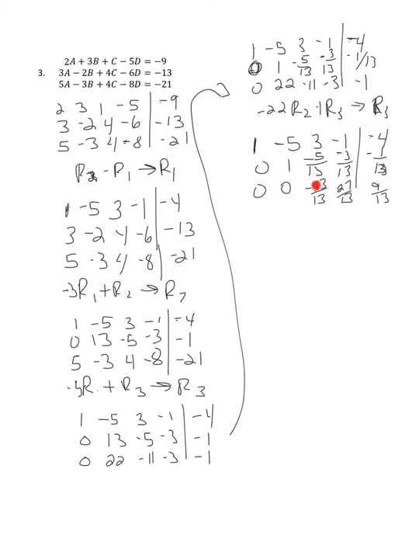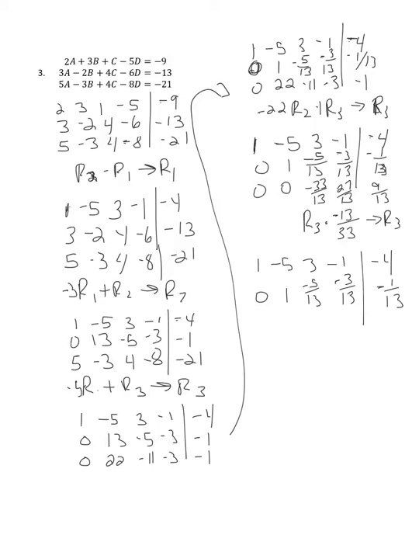Okay, so the only thing I have left to do is to get this diagonal. I got a 1, I need this diagonal right here, so I'm just going to multiply by the reciprocal. So I'm going to take row 3 and multiply it by -13/33 and put that back in row 3. Okay, so I'm going to take this times -13/33, well, that's still 0, that's still 0. So let me get caught up with where I'm at. So I have a 1, -5, 3, -1, which is a -4. I have a 0, a 1, a -5/13, a -3/13, and a -1/13.